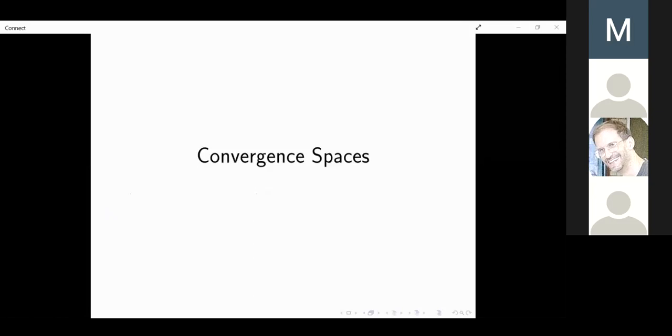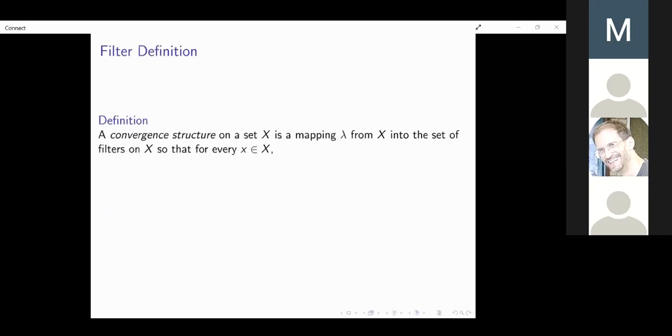Let's look at convergence spaces. There are several non-equivalent concepts in the literature which are all called convergence spaces, and so we are going to use the following one. A convergence structure on a set X is a mapping lambda from X into the set of filters on X, so that for every x in X, the principal ultrafilter belongs to lambda(x).